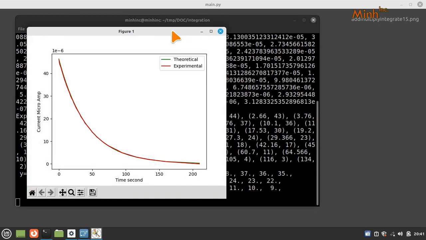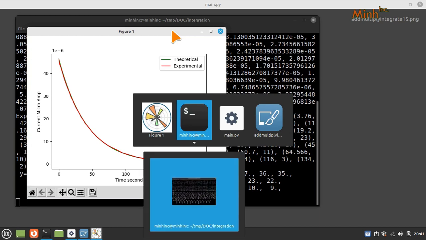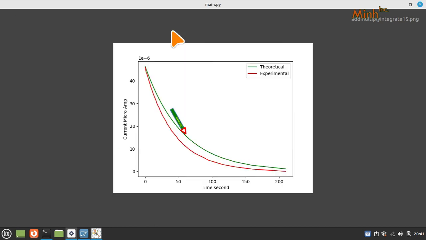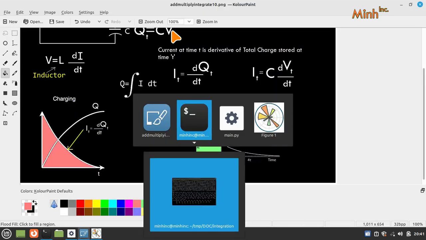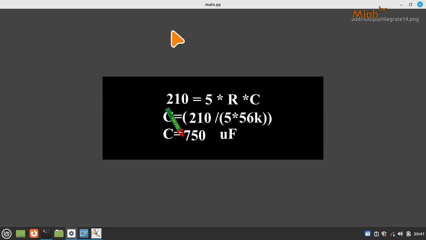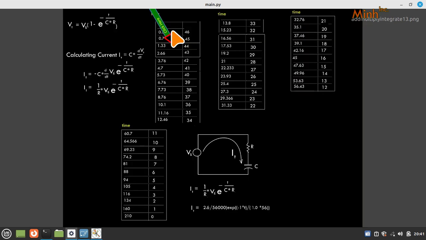It is exactly the same. So our calculation is perfect.